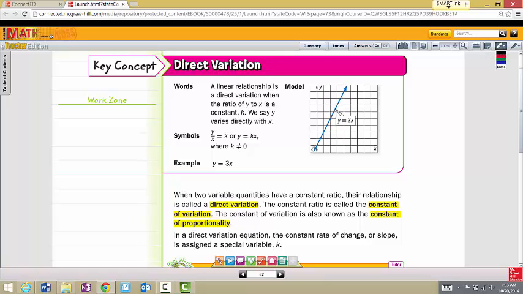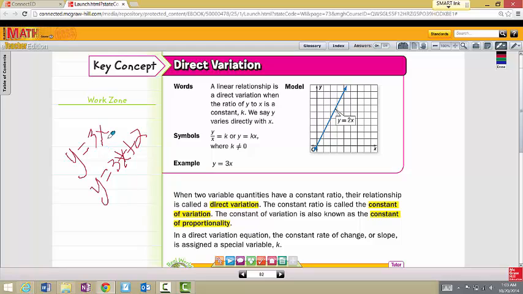You're going to see that a lot in algebra. You had y equals something plus x or times x, so you had y equals 3x or y equals 3x plus 2.